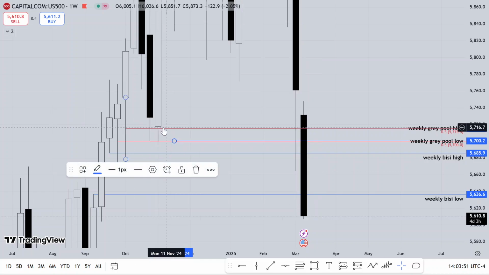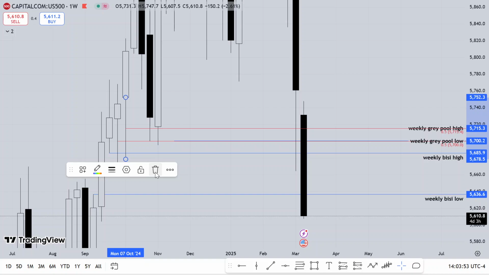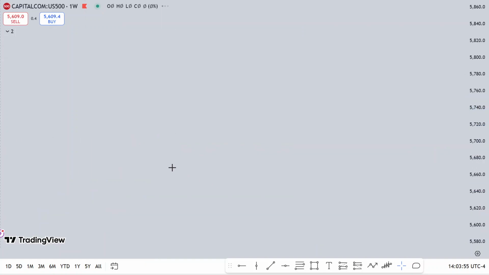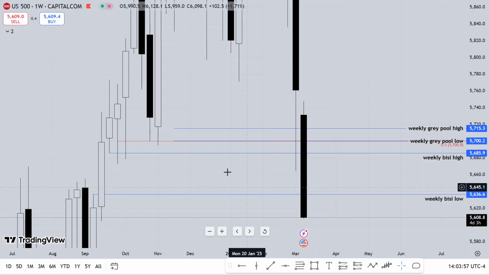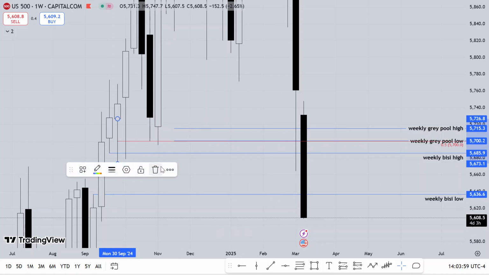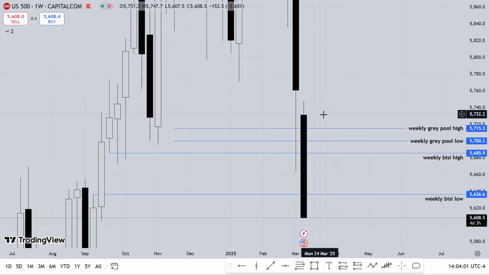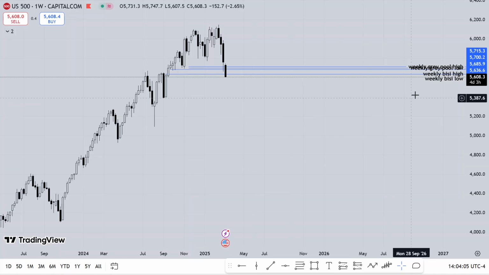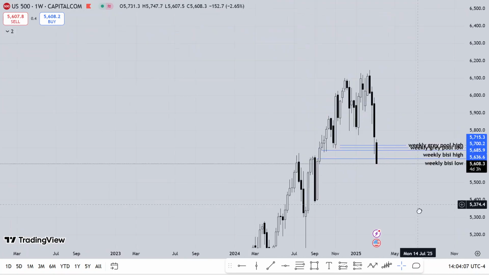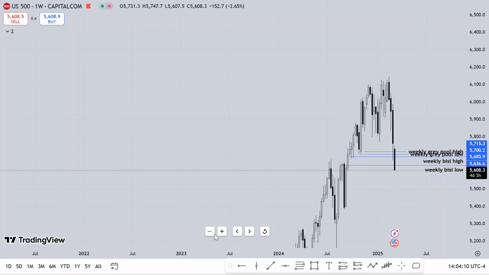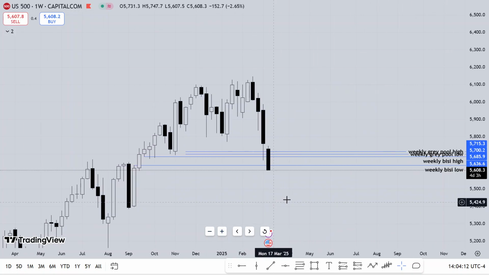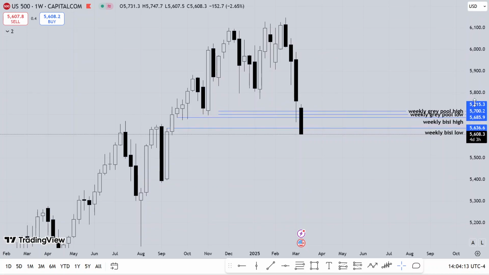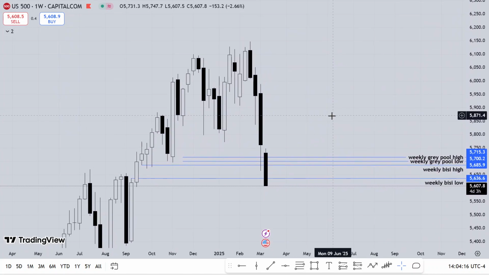So on this note, we go into the market seeking lower prices because the previous weeks have been bearish. So we are following the trend until the trend gives us another reading. Until then, we are following the trend, seeking bearishness in price.